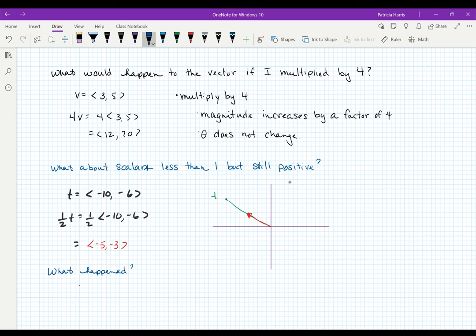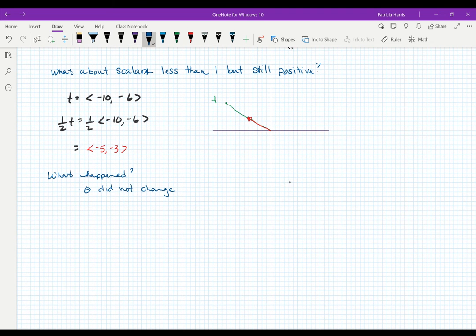So the angle didn't change. What happened to the magnitude? Well, let's find the original magnitude. Here is my original magnitude, and here is the magnitude of the 1/2.